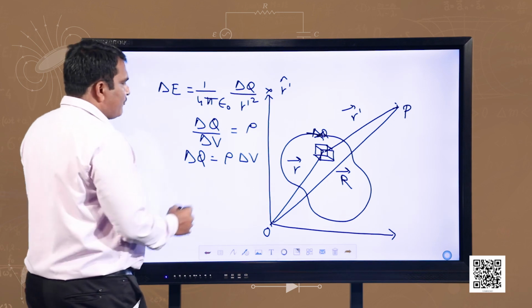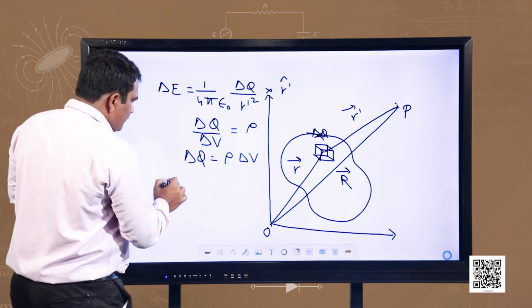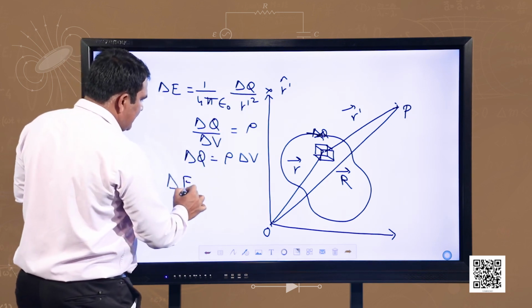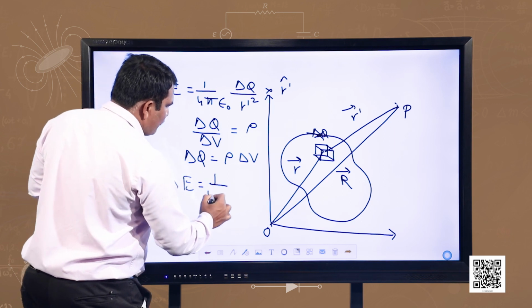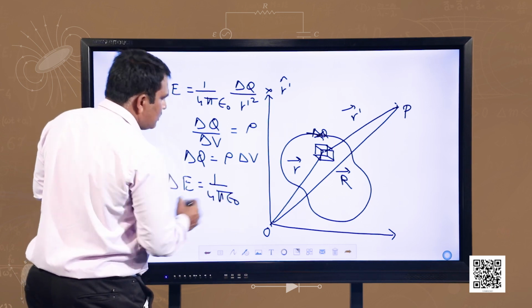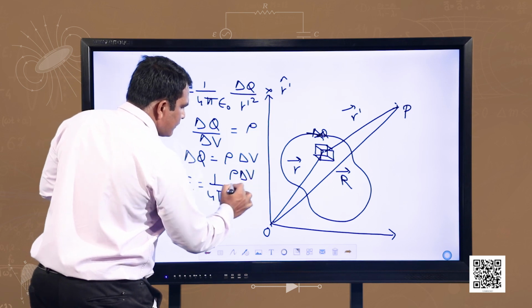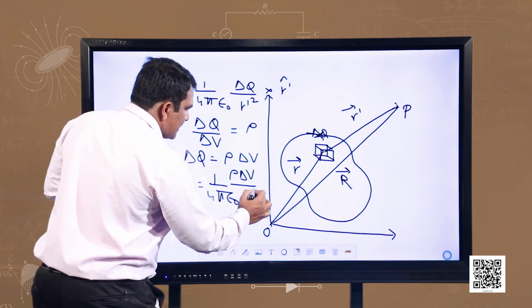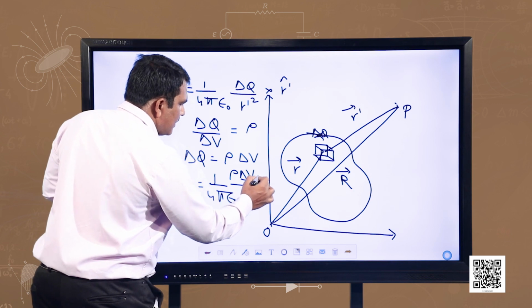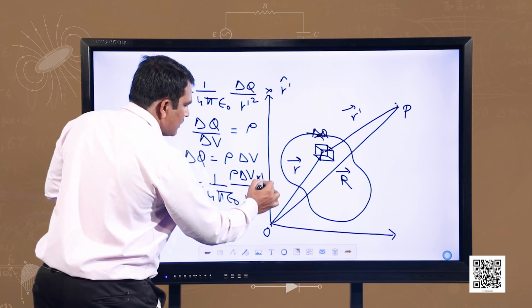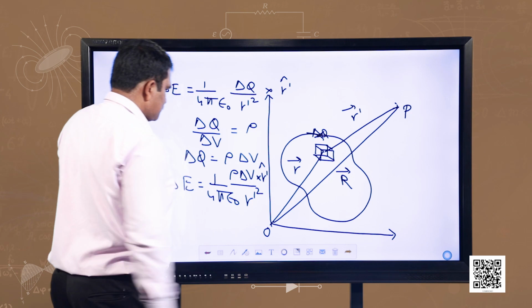Now, putting the value of delta q here, we get delta E is equal to 1 by 4 pi epsilon naught rho delta v upon r dash square multiplied by r dash cap.